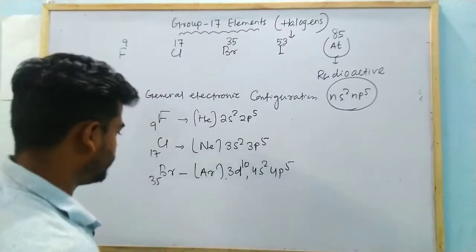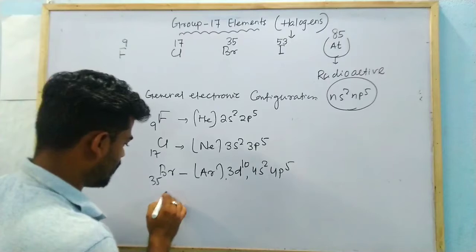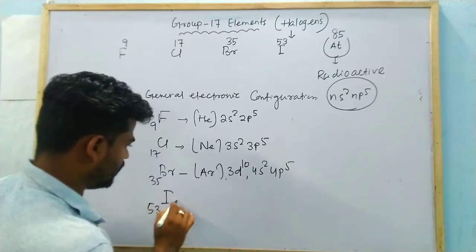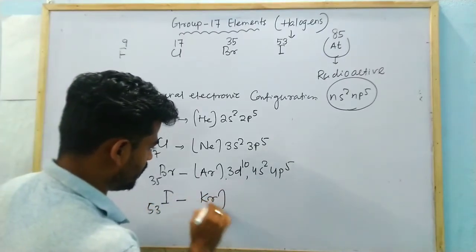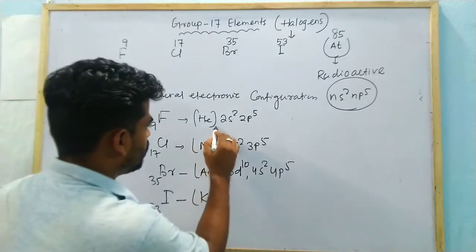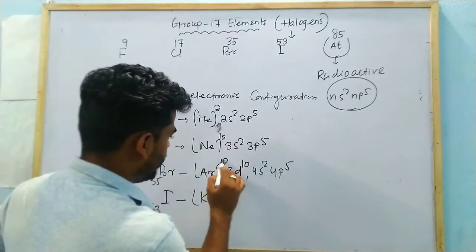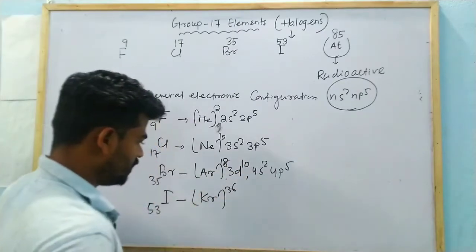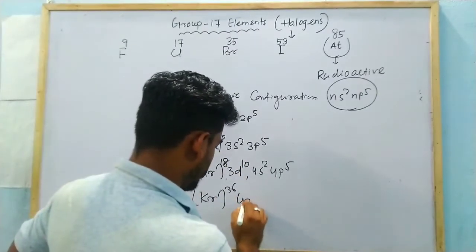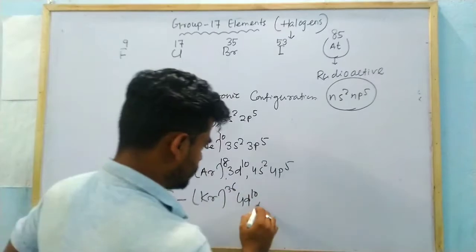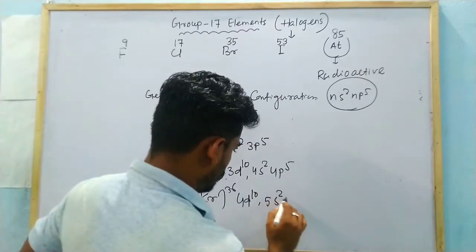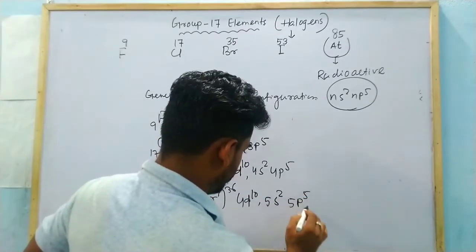Next iodine, 53: after krypton, 36, you get 4d10 5s2 5p5.